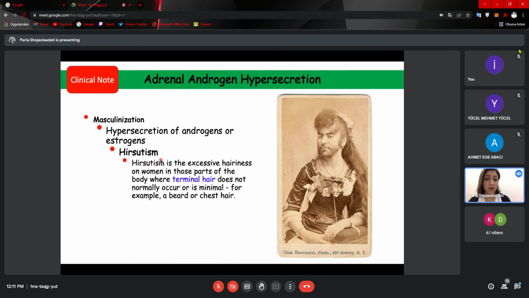Sometimes it's seen in different patients after, for example, polycystic ovary. But I'd like you to know that hyperfunction or hypersecretion of androgen from the adrenal gland makes hirsutism in the adult female.